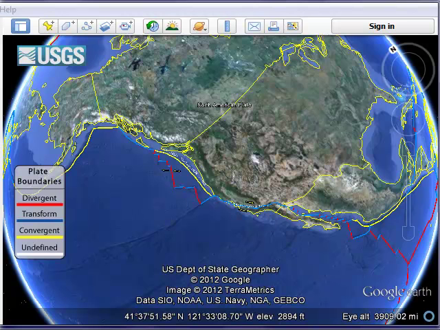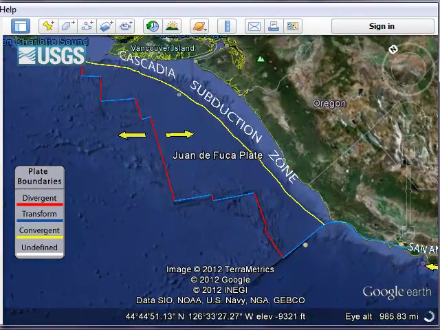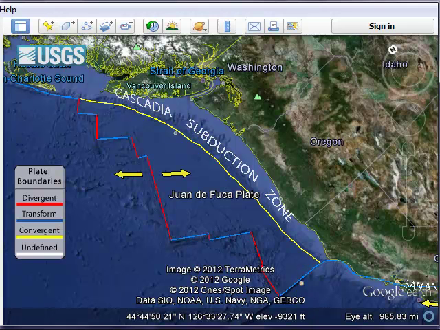So here I have downloaded and opened this file in Google Earth. USGS has provided us with this file, and it's showing you 4 different types of plate boundaries. Red indicates divergent, blue indicates transform, yellow indicates convergent, and white is undefined or unknown. If we zoom in on what's happening in our neck of the woods, once we get a little closer, we can see the name of the plate, the Juan de Fuca.